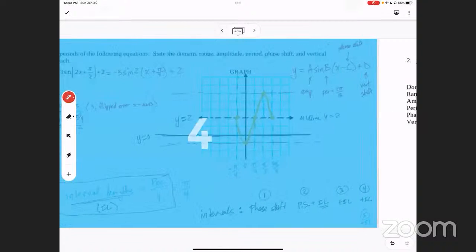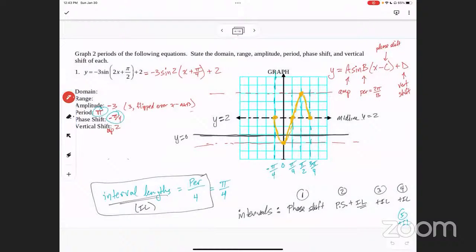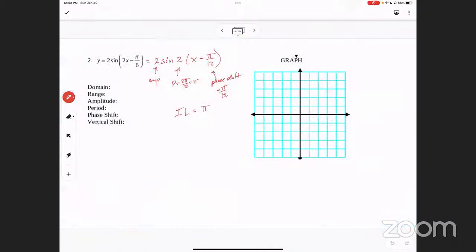Remember what my interval lengths are? It's the period divided by 4. So pi is my period divided by 4. Those are my interval lengths. But the tricky part is I phase shifted it negative pi over 12.